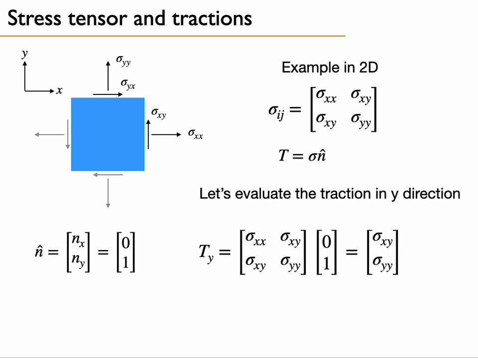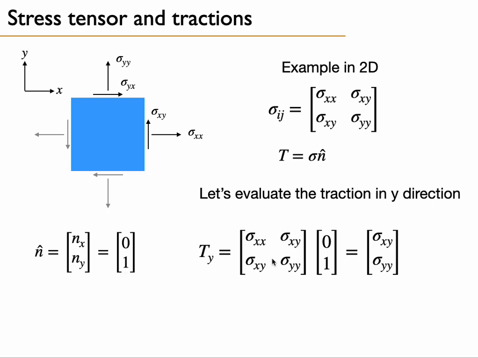Now we do the same exercise, but for a vertical normal. So a normal which is perpendicular to the horizontal plane. So now the unit normal has 2 components, x and y. The x component is 0, and the y component is 1.